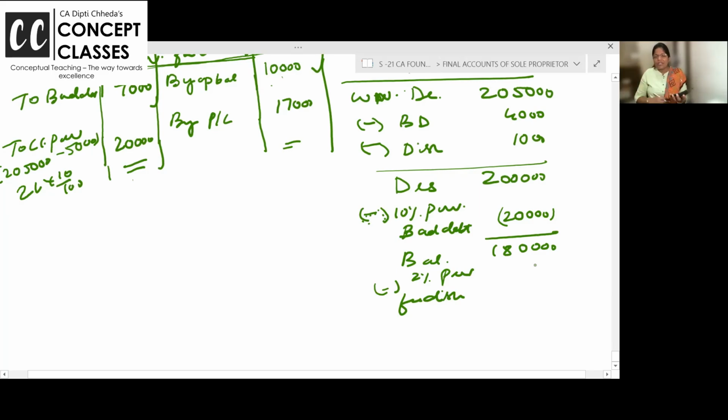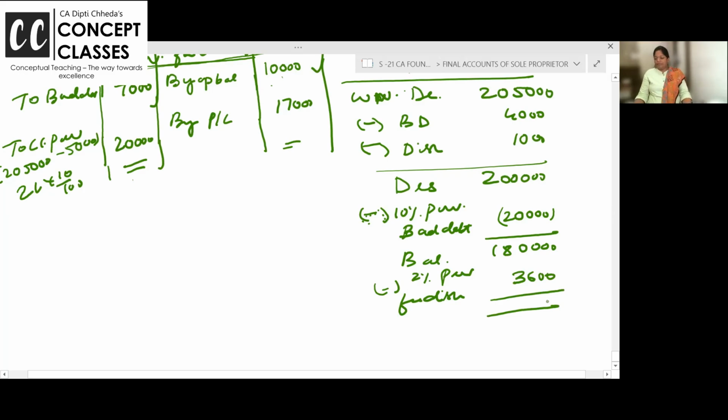Because 20,000 are doubtful, whether we will receive it or not, so why should I give discount to them? On 1,80,000, 2% provision I should make, and that is 3,600.